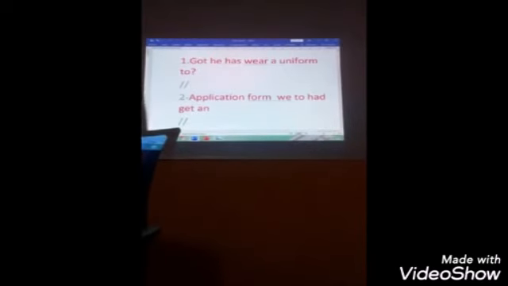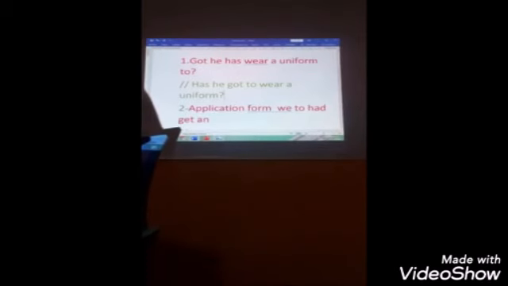First, we put the auxiliary, and in this case is has. Then we put the pronoun, has he got. Then we put the verb to wear a uniform, and this is the correct order. Has he got to wear a uniform?